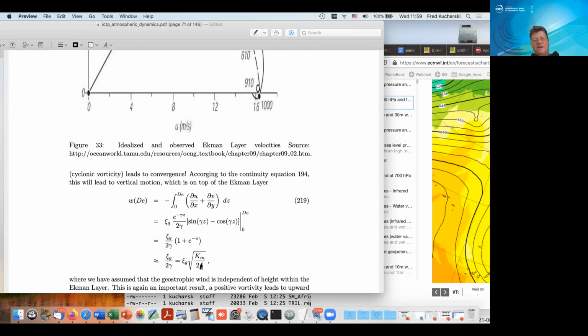Now, this is the important result of this lecture. We have shown that if we have a geostrophic vorticity, that may induce a vertical velocity in our system.